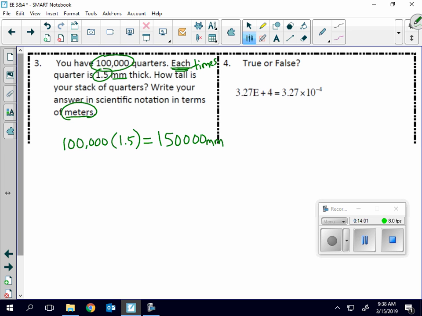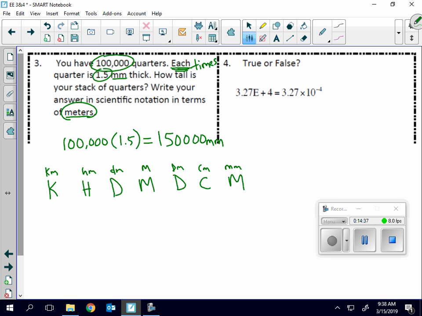And you have to know how many meters are in a millimeter or vice versa. So my little trick is, this is how I remember this. We have K, H, D, M, D, C, M. And those stand for millimeters, centimeters, decimeters, meters, this is decameters, hectometers, and kilometers.